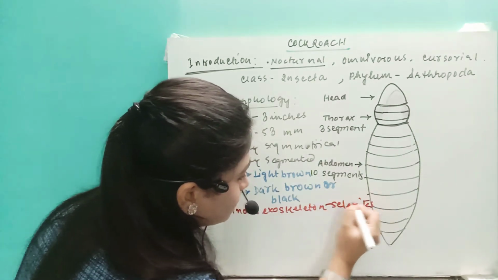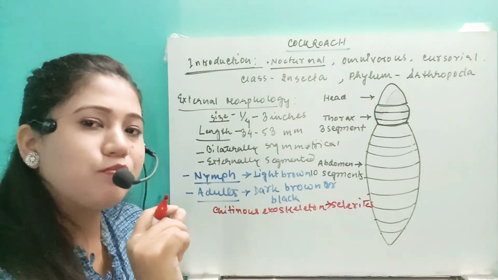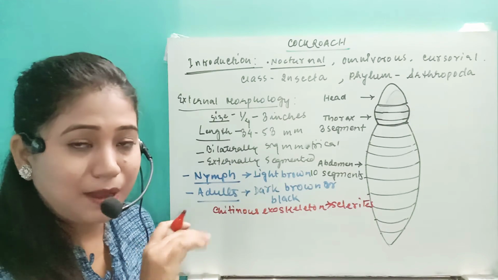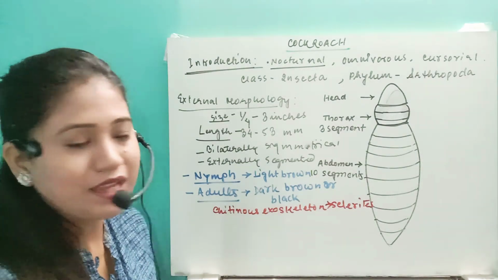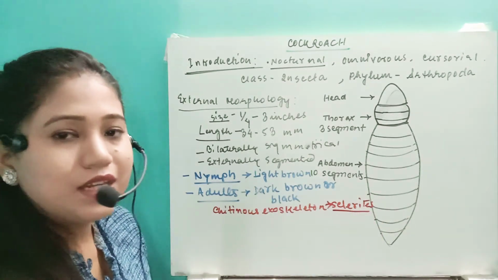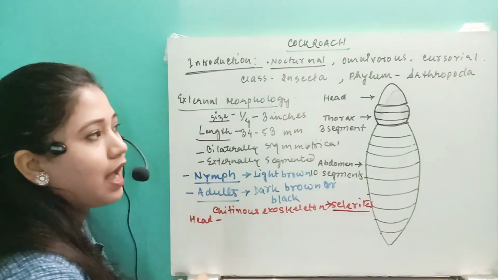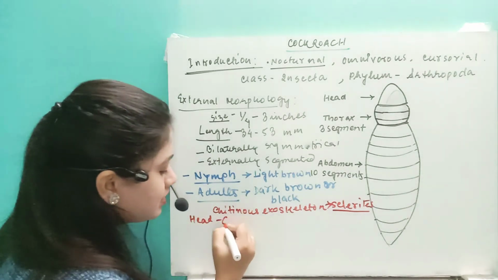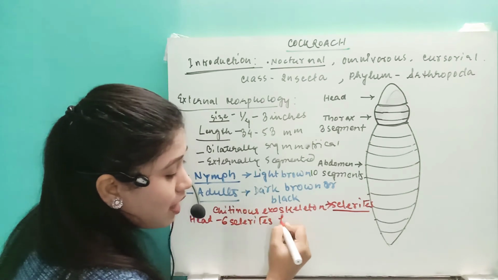So what are the sclerites actually? Sclerites are small protective chitinous plate-like structures covering the body. Now, in the head, actually 6 sclerites are present, but those 6 sclerites are fused.